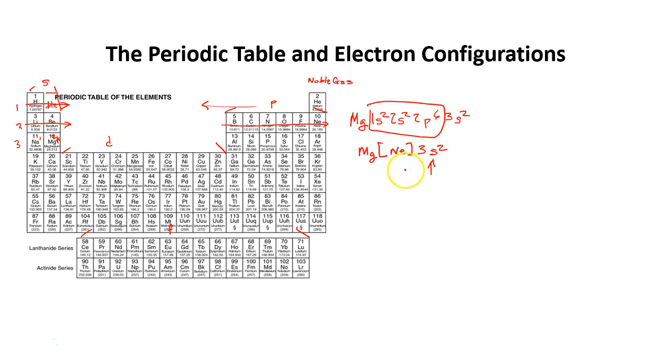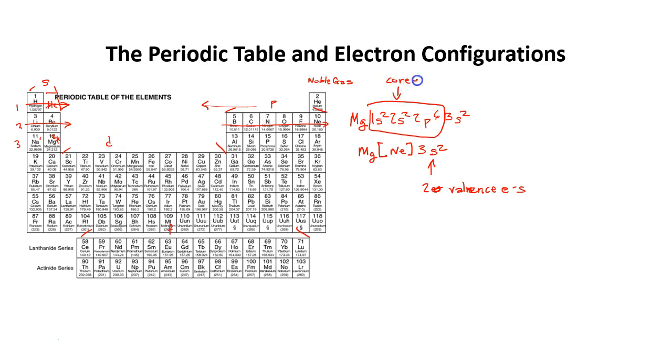So if you were to be asked, okay, well, how many valence electrons does magnesium have? You would say 2 valence electrons. And these electrons here are the core electrons.